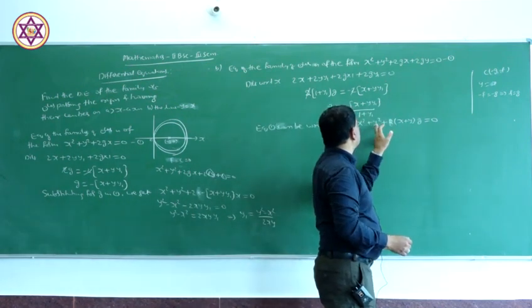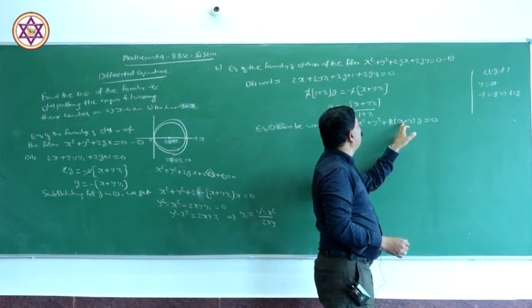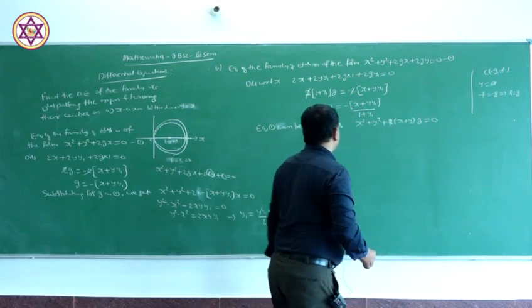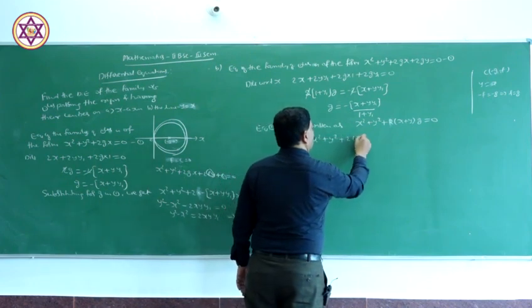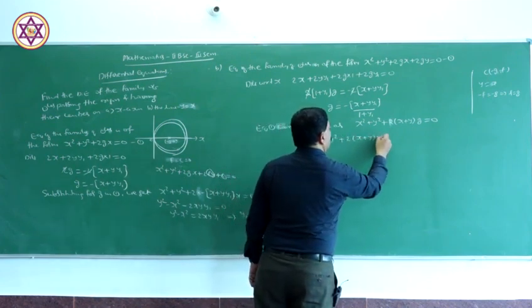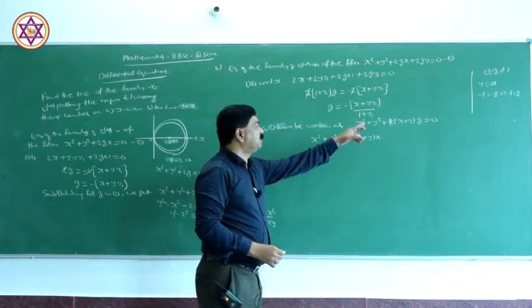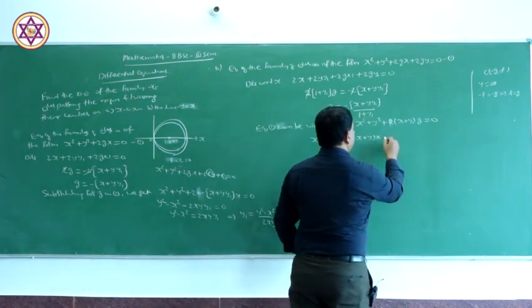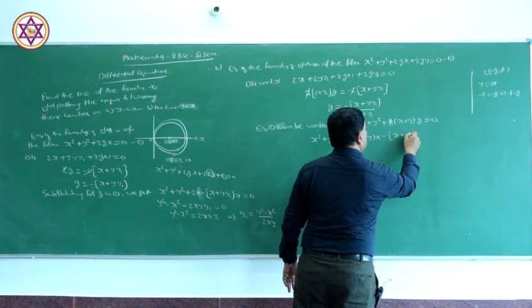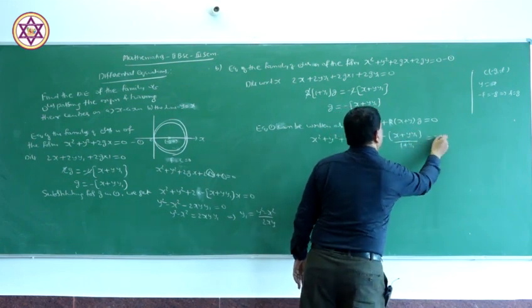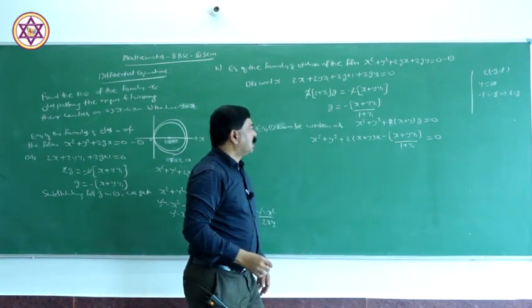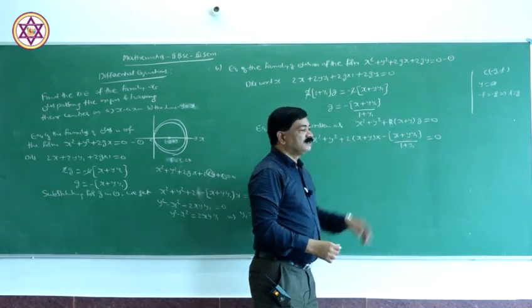If you take like this, x square plus y square plus 2 of x plus y of g is equal to 0. I am taking substitution for g. Instead of g, I am taking minus of x plus y y1 divided by 1 plus y1 is equal to 0.